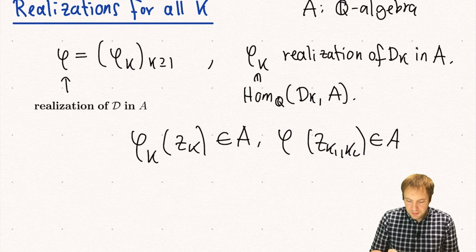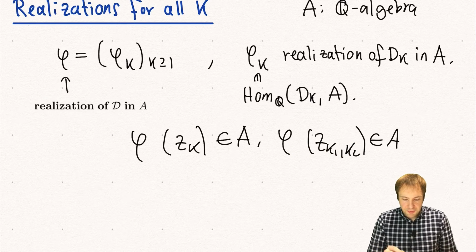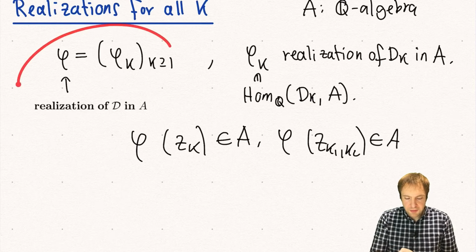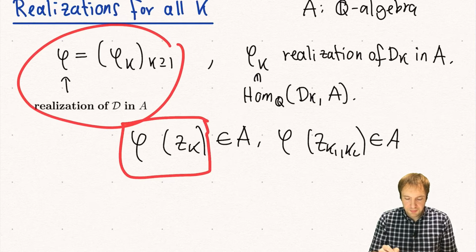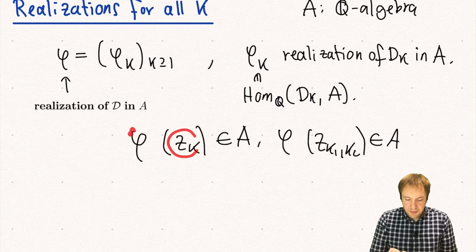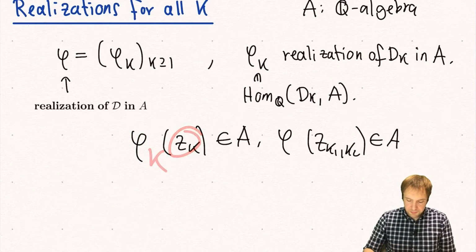So the notation is that if we have a realization for all weights k, phi of something in weight k means phi_k of this element.